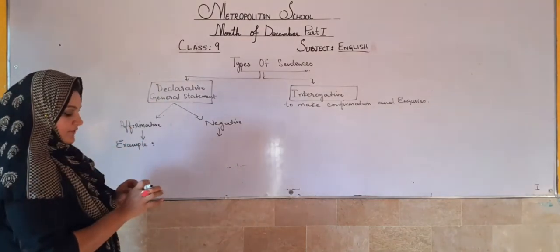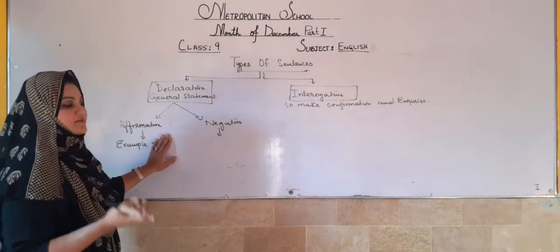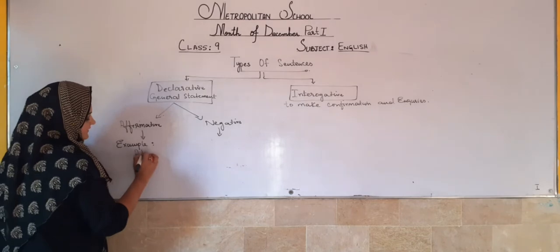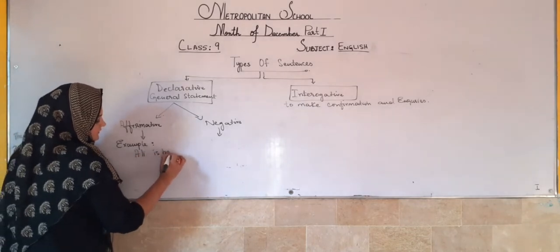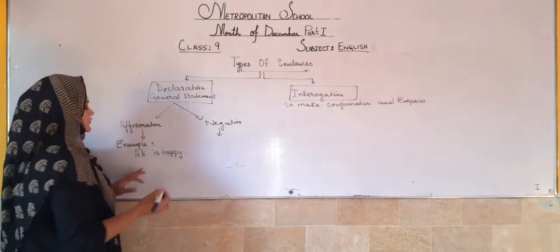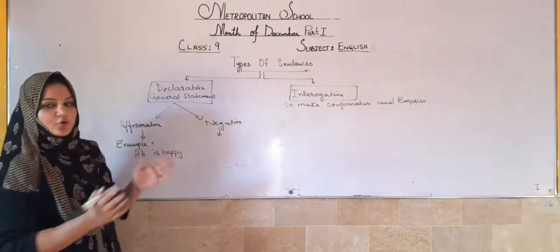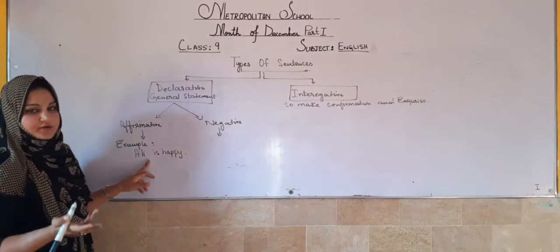If we talk about the affirmative, this is a simple sentence, a general statement. So, my statement is: Ali is happy. This is a general statement.